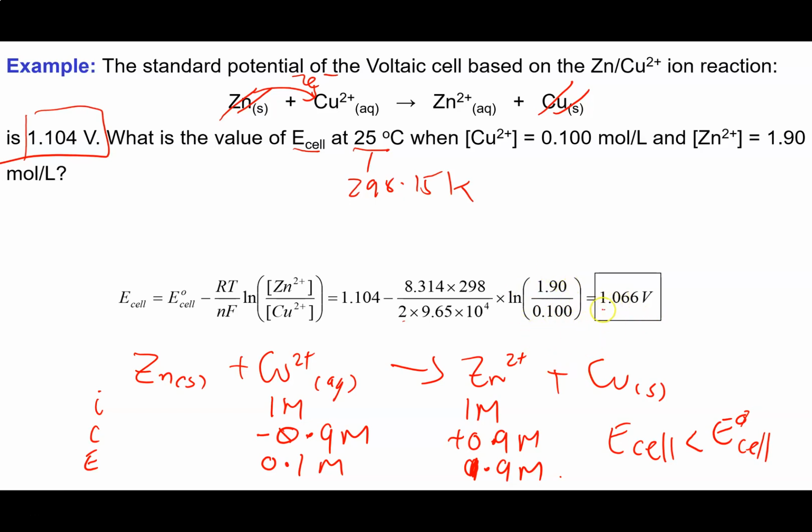And I put all of that into the calculator, and sure enough, my cell potential, when I've used 90% of my reactants up, is lower than my standard cell potential.